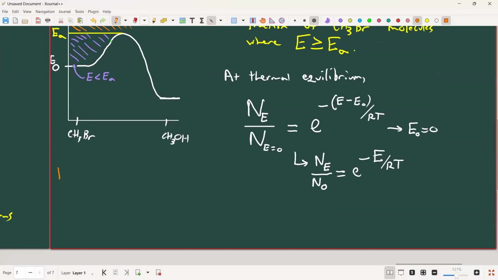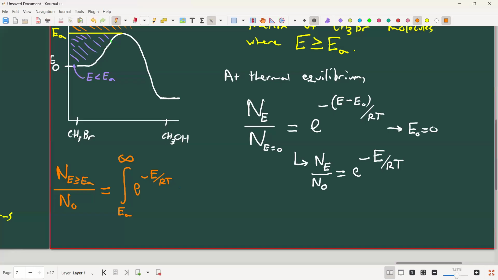So the number of molecules with E greater than or equal to E sub A, divided by N naught, is equal to the integral from E sub A to infinity of e to the minus E over RT dE. Just integrate over all those energies. That's a really easy integral to do. Integral of an exponent is an exponent.